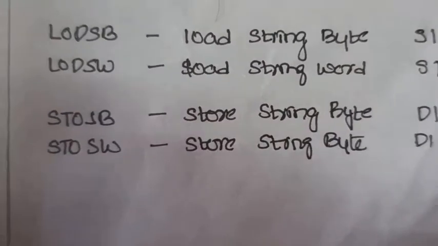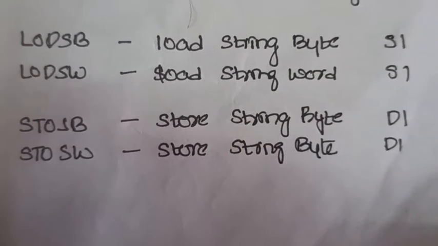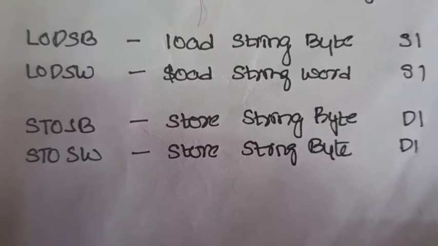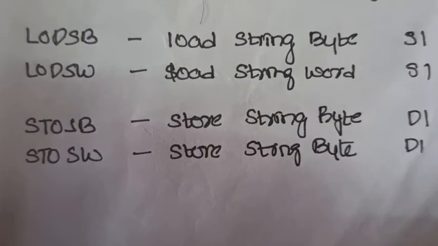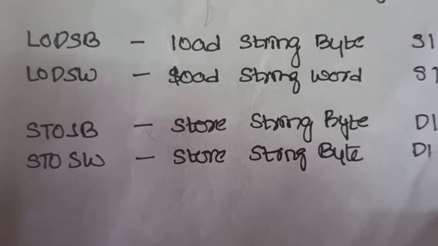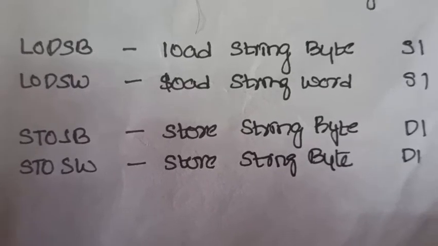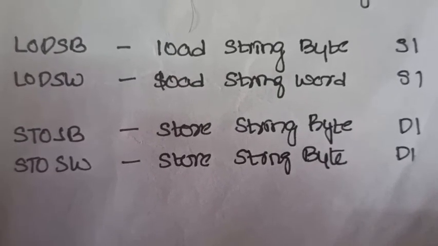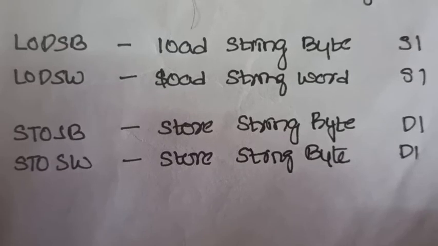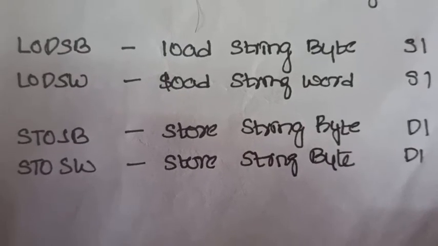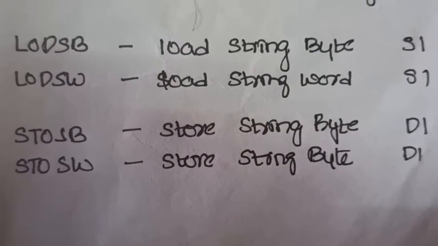Like load string byte, LODSB means it will load data into the AX register from memory. The memory it is associated with is the SI register memory. Load string byte loads a byte of data from the SI memory location.